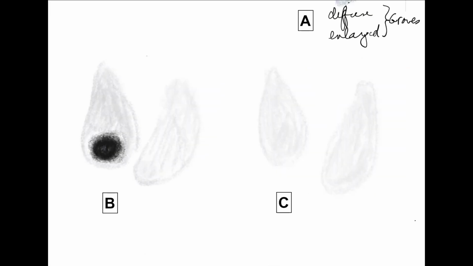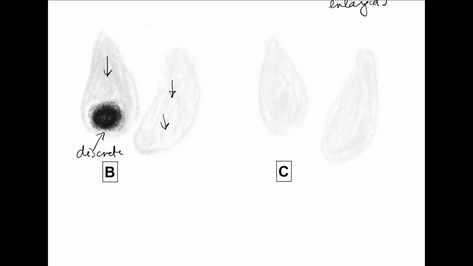The second pattern, this very discrete area of markedly increased uptake. In addition, the rest of the gland is down. If we think about how the thyroid works, hypothalamus, pituitary, thyroid gland, releasing hormone, stimulating hormone, and then suppression by the T4, we can see that this discrete nodule is increasing the T4, and by doing that, decreasing the TSH.